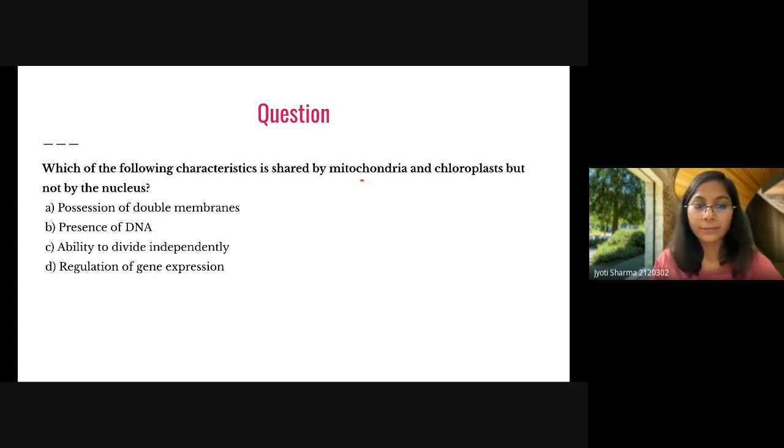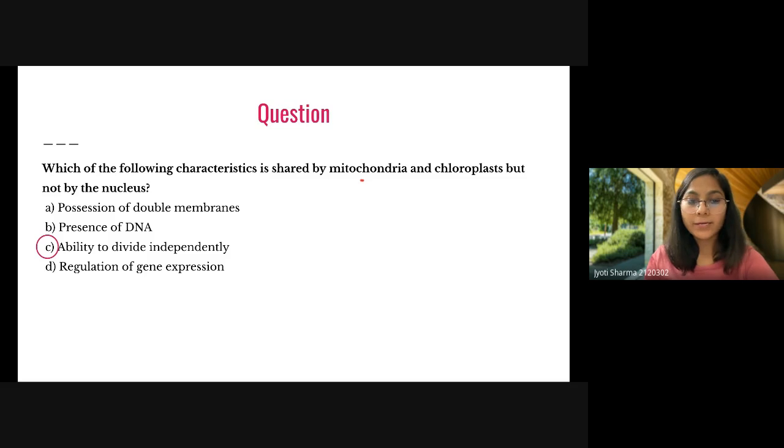And the answer is ability to divide independently, because the mitochondria and chloroplast were nothing but prokaryotic cells, right? And a prokaryotic cell can divide independently, but not the nucleus. The nucleus has to undergo mitosis and meiosis, and based on that only can it divide.